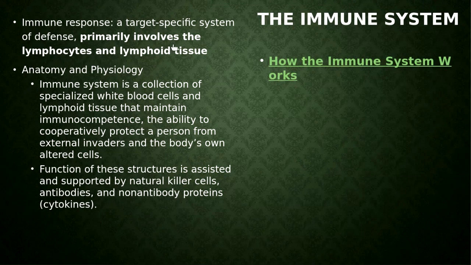So a lot of this stuff is just review because we did some of this with the hemopoietic system. So the immune system is a collection of specialized white cells and lymphoid tissue that maintain the immune system and its ability to cooperatively protect a person from external invaders into the body's system.